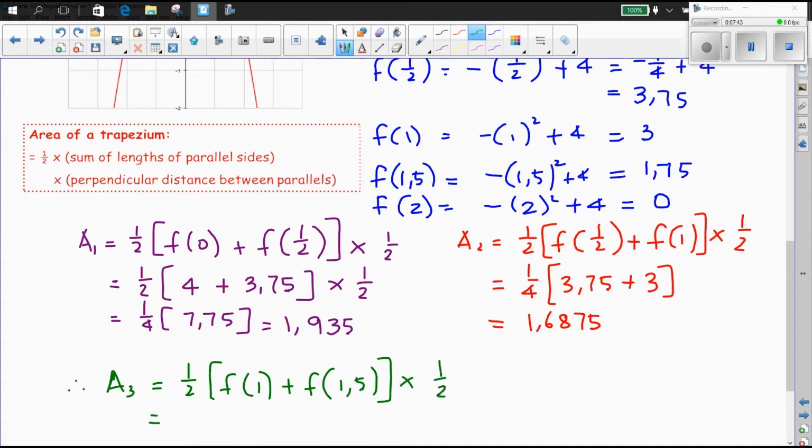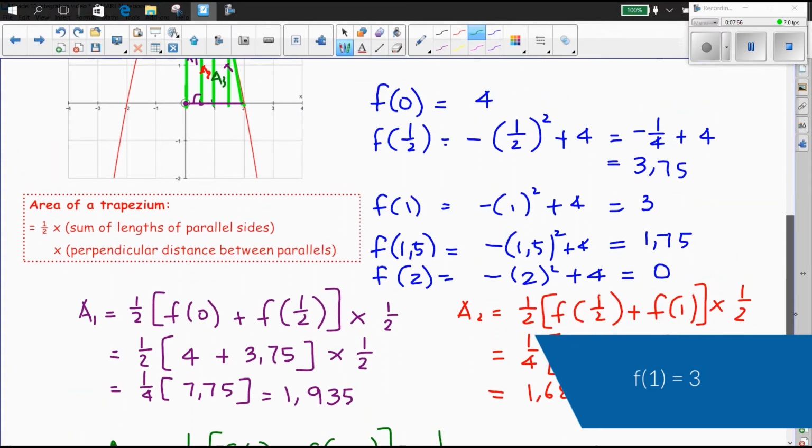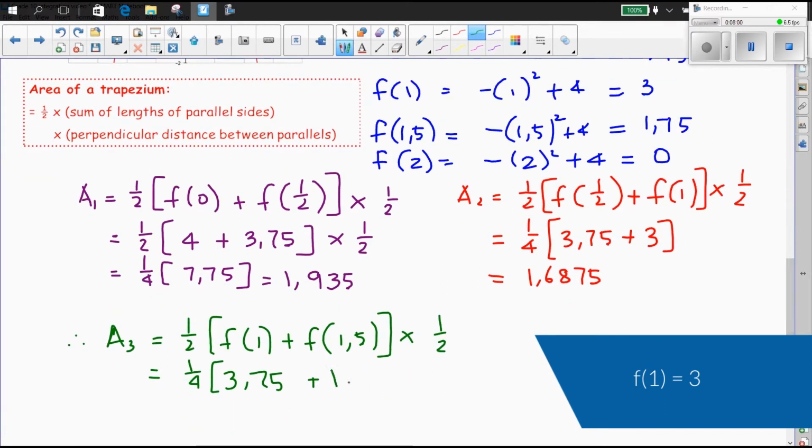So it's going to give me a quarter. We know that f of 1 is 3. And if we scroll up, we see that f of 1.5, when x is 1.5, y is 1,75.